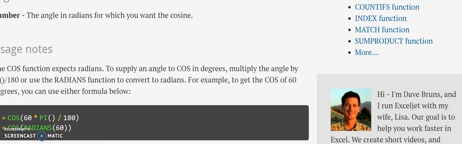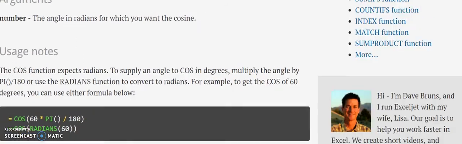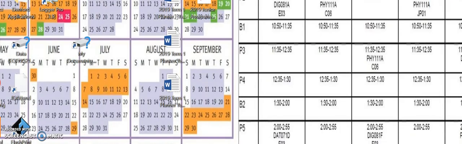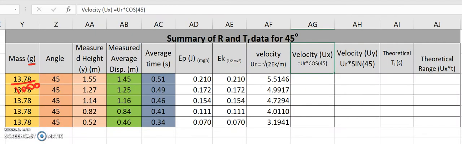Basically what it says is that the cos function, or any of the trigonometric functions in Excel, expect the value that you're going to put into the equation to be in radians, not in degrees. So we've got here an angle of 45 degrees. We need to convert that over to radians when we use our formula over here.